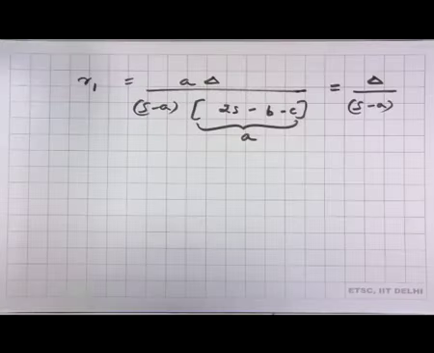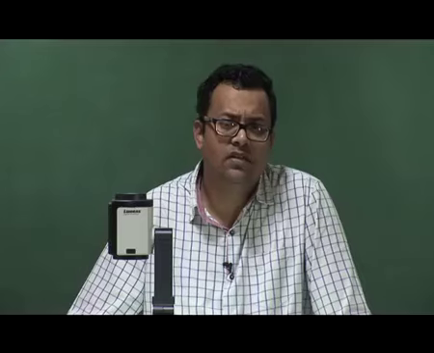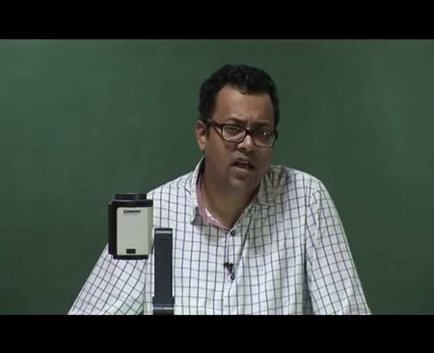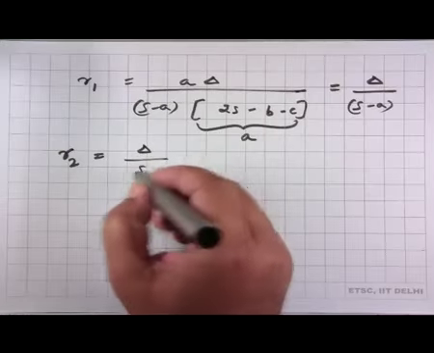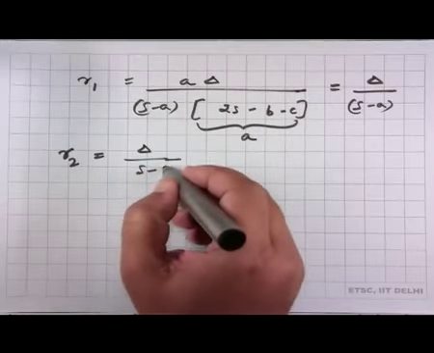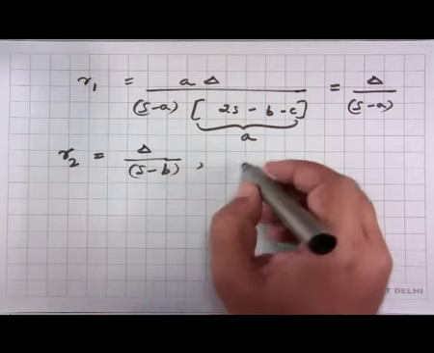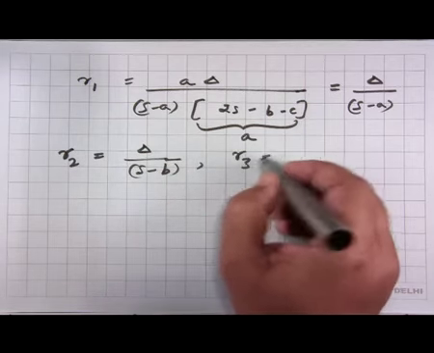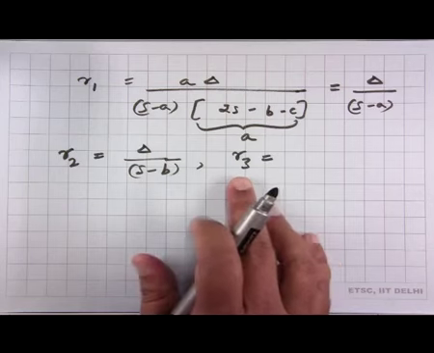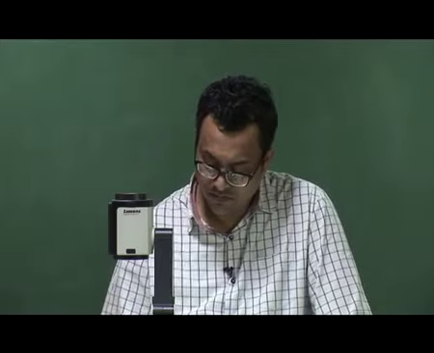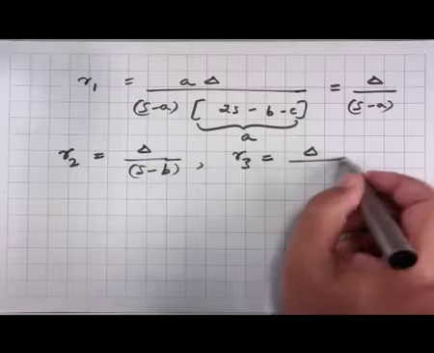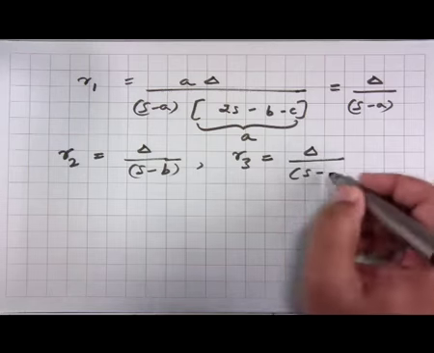And similarly, let R2 denote the radius of the escribed circle opposite to angle B. Then it can be shown that R2 is equal to delta, or the area, divided by S minus B, and similarly the radius R3 of the escribed circle opposite to the angle C is equal to the area divided by S minus C.